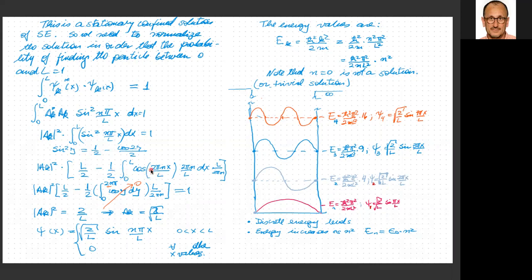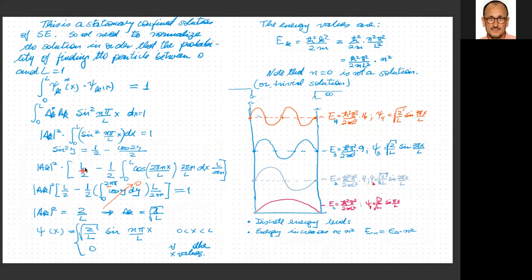The only thing that I recover from this integral is the factor of 1/2. 1/2 times dx gives L over 2, and since the other term is 0, the value of A_k, in order for this to be normalized to 1, I have to normalize the amplitude.